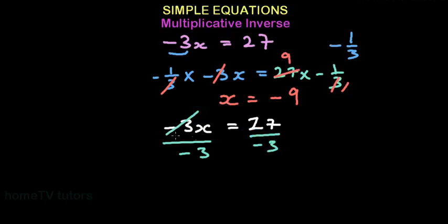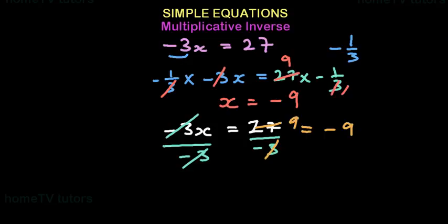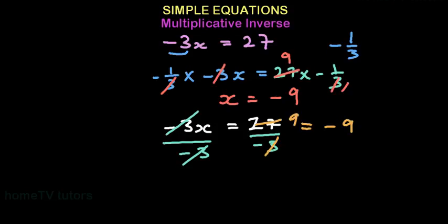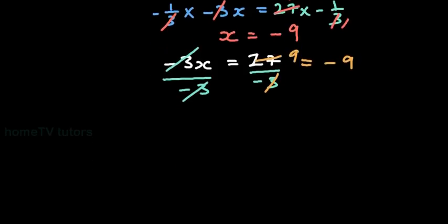So minus 3 cancels minus 3 out on the left hand side of the equation. Then 3 goes in 27, we have 9, which is left with minus 9, because plus divided by minus is minus. So that is the second method. Let's check another example.